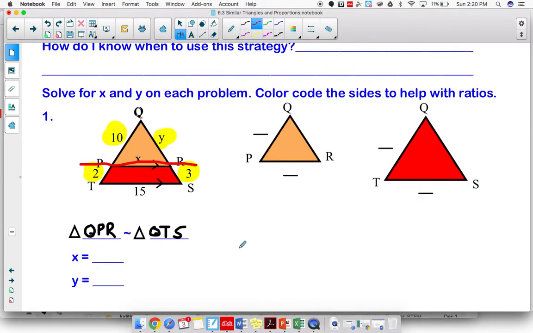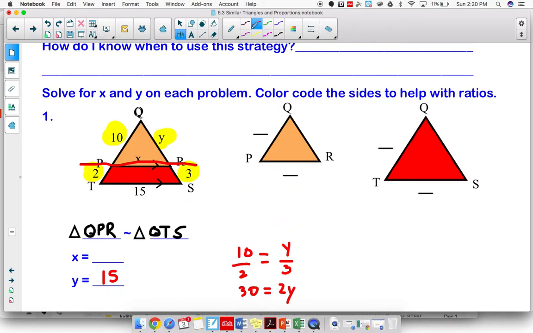Okay, so I'm going to just write that proportion. 10 over 2 equals y over 3. And if we cross multiply, 10 times 3 is 30. 2 times y is 2y, and if we divide by 2, that means y has to be 15.